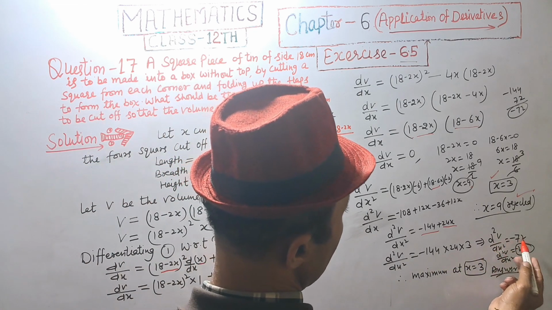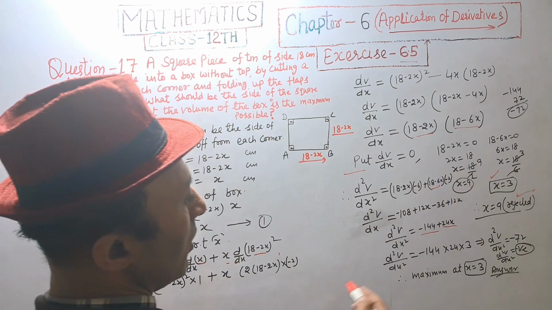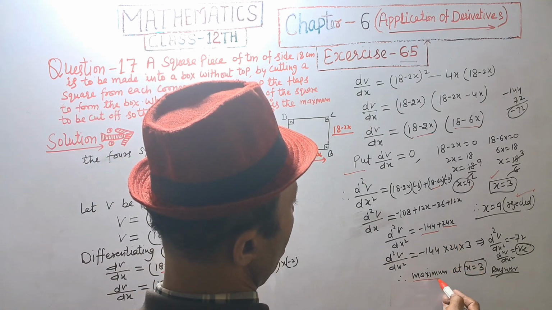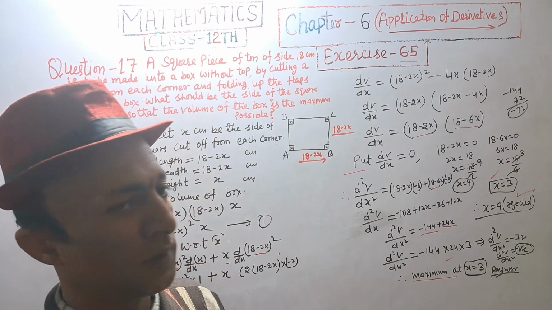So the double derivative is negative, which gives a point of maxima, and the maximum volume is at x equal to 3. Answer. Thank you so much.